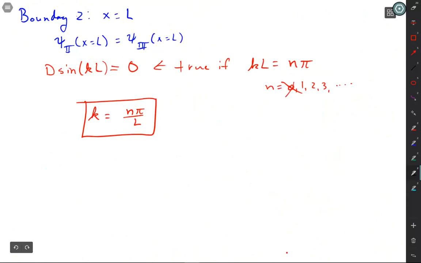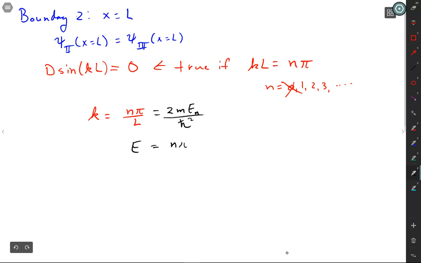So this is equal to 2mE, and I'll put a subscript of n on that E now because there's going to be a different E for every value of n, over h bar squared. So I'm going to solve that for E, and I get E is equal to n pi h bar squared over 2mL.